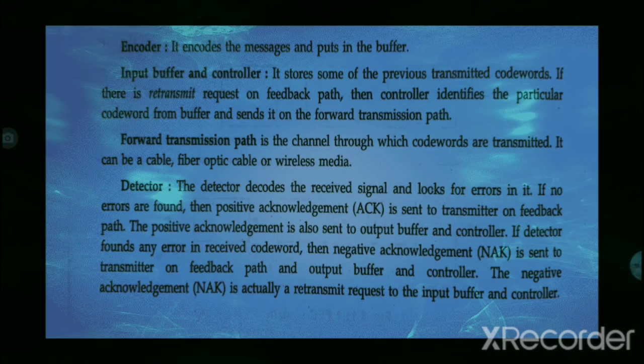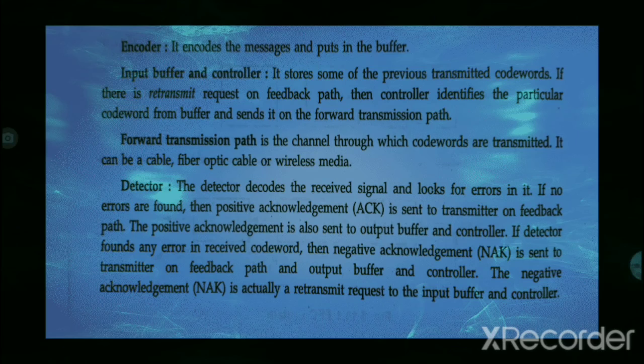If there is a retransmit request on feedback path, then controller identifies the particular code word from buffer and sends it on the transmission path. Forward transmission path is the channel through which code words are transmitted. It can be a cable, fiber optic cable, or wireless media.